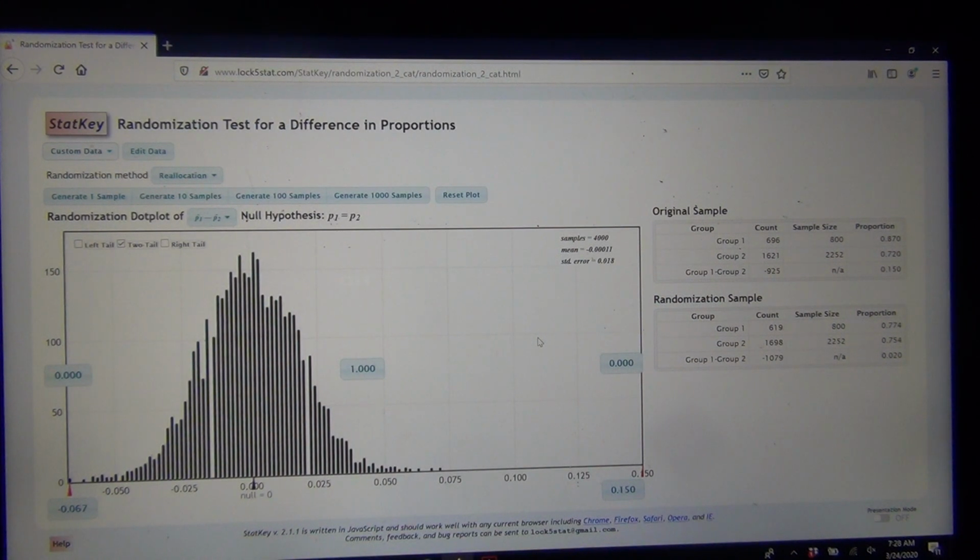Rejected the null hypothesis, but the null hypothesis was our claim. So that means we must be rejecting the claim. So this data is telling us that the claim that the percentage of teens that text and the percentage of adults that text are the same or equal is probably not true.